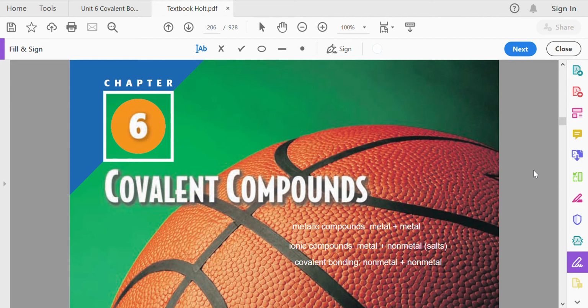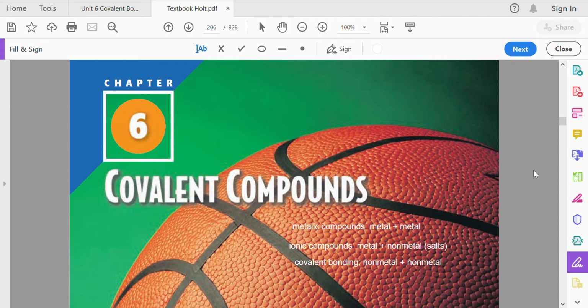And the two types of elements that we've talked about are metallic elements and non-metallic elements. So that gives you three types of compounds. There's metallic compounds, where it's a metal with a metal, and that can either be a pure compound like gold or silver, or it can be an alloy of two different metals like bronze.